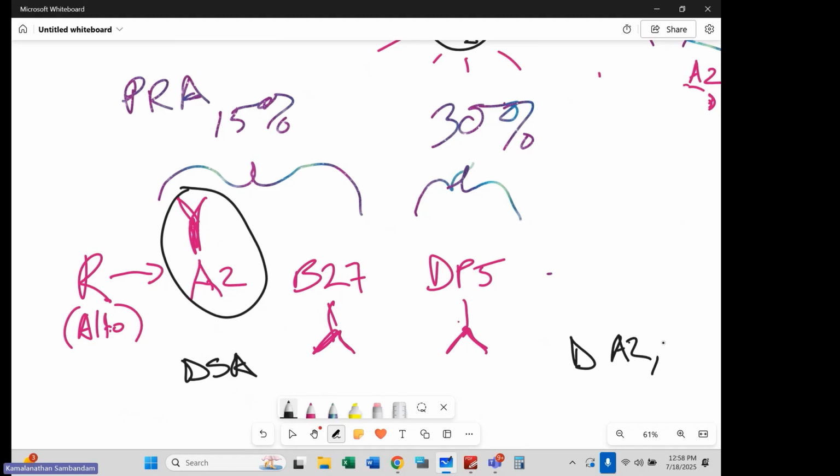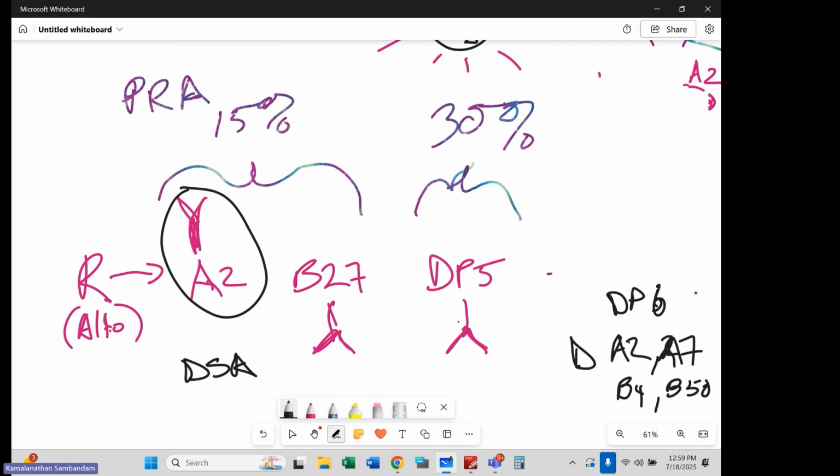It has an A2, A7, right? Remember, again, each of us is expressing two different HLA at each locus, right? Because we got one from mom, one from dad. And then it has a B4, B50, a DP, well, we do DR, but you also do have DP.